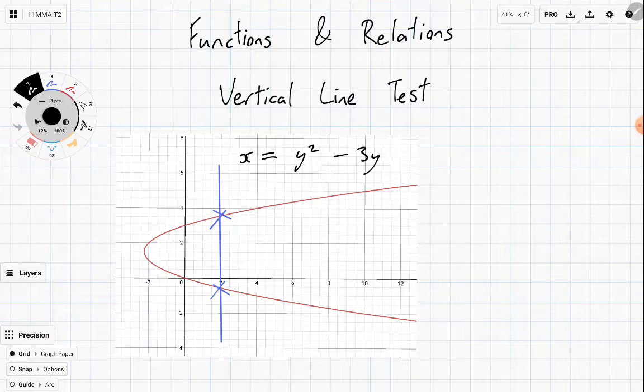Why? Because for one input, there are 2 or many outputs that are possible. So for the same x coordinate, we're getting multiple solutions. And so this would be an example of a one-to-many relation.